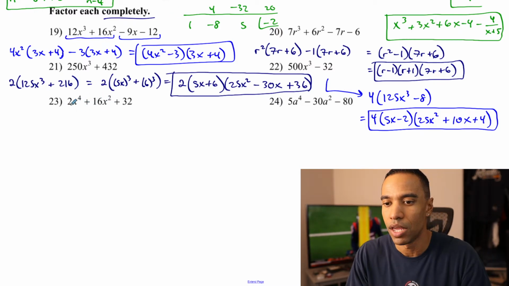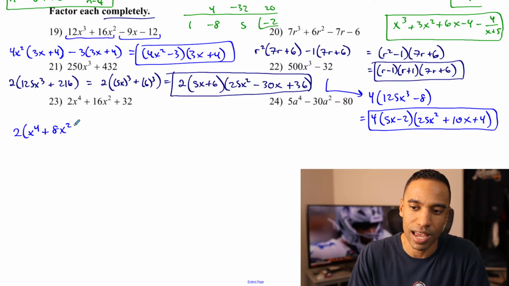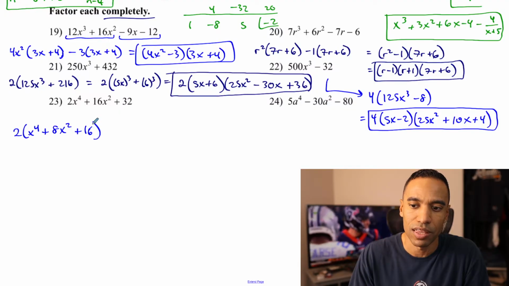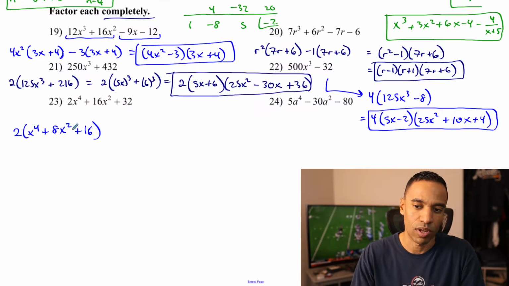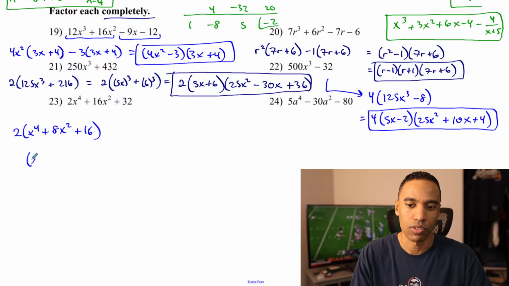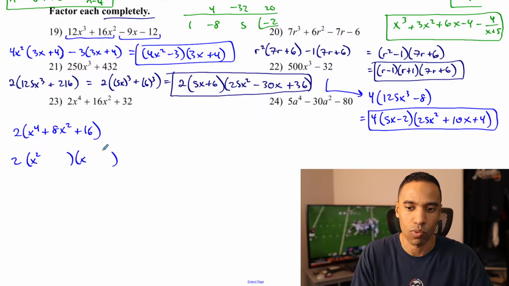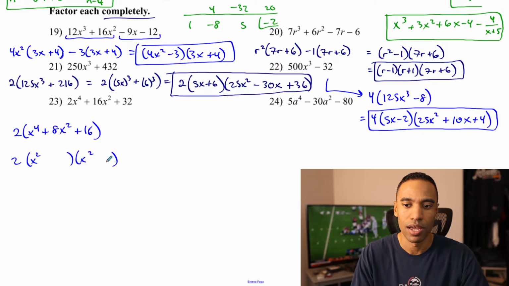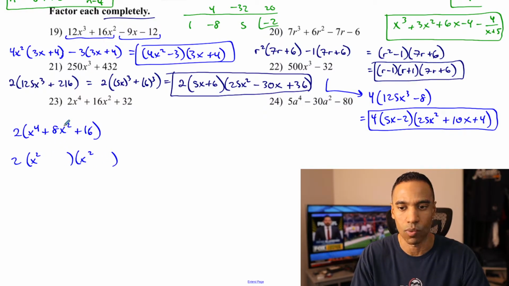All right, I can factor a 2 out of here, and I get x to the 4th plus 8x squared plus 16. This is a quartic in quadratic form as they descend in degree by 2s from this term to the constant. Instead of multiplying x by x to get x squared here, I can multiply x squared by x squared to get x to the 4th. The last two terms here will multiply to the constant, and the middle two terms will combine to be x squareds.